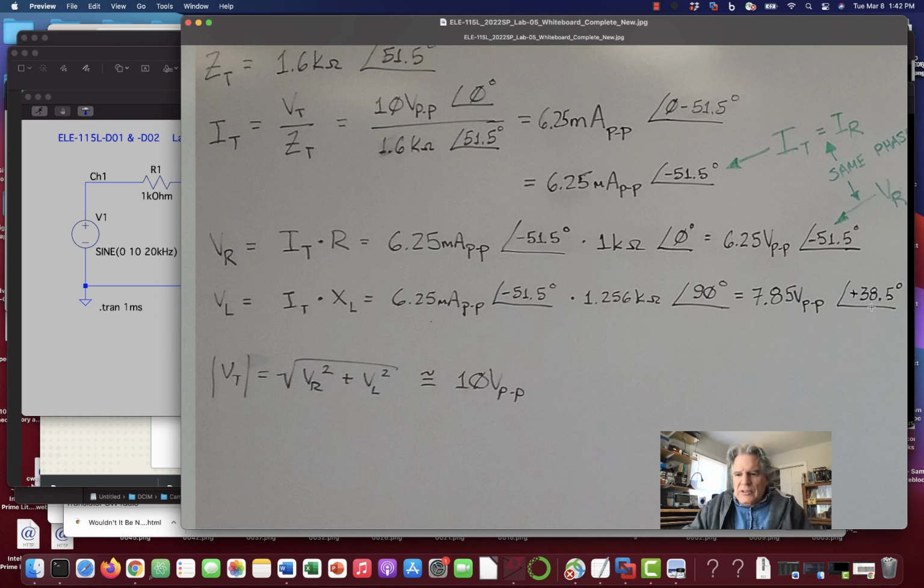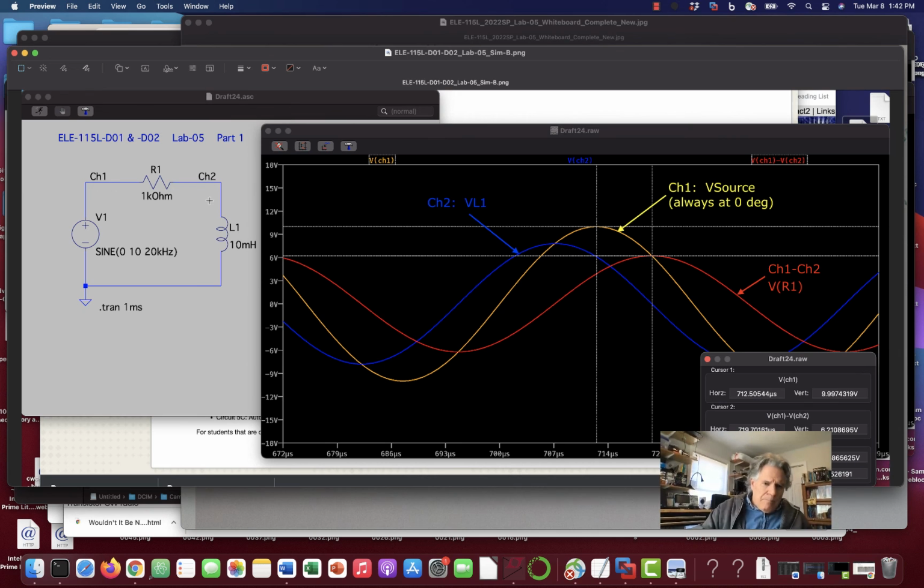These two become 90 degrees, because across the inductor, if the inductor were the purest thing that it could be, then there would be a 90-degree phase shift between the voltage and the current in the inductor, and the current would lag and the voltage would lead, and that's what we have here.